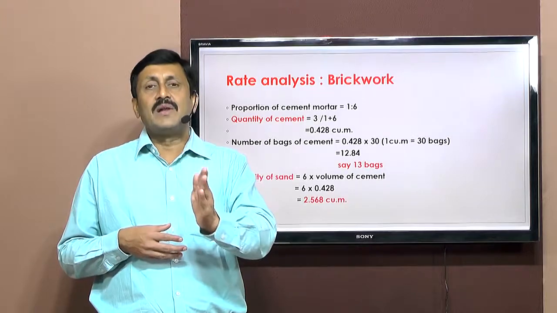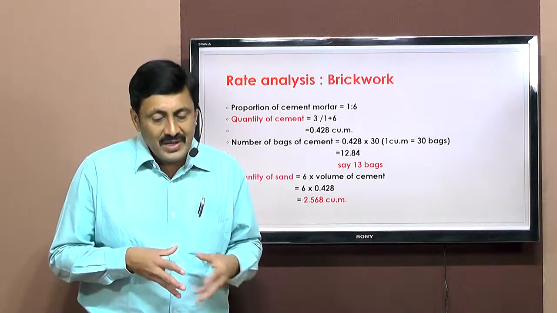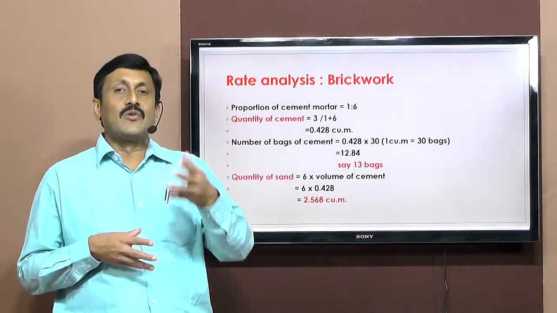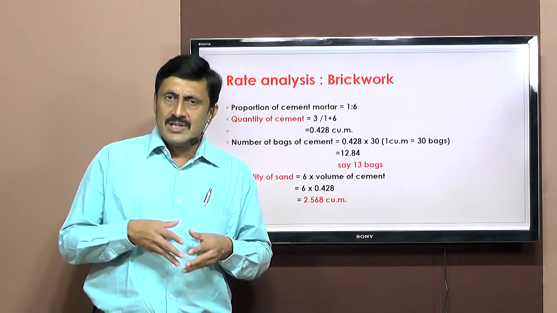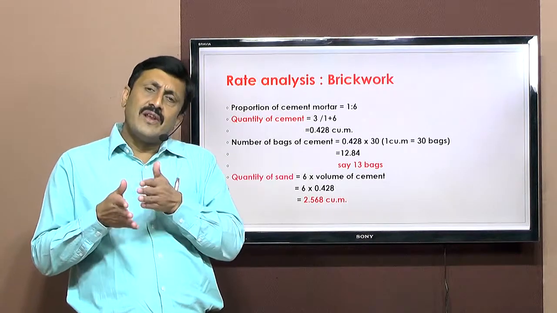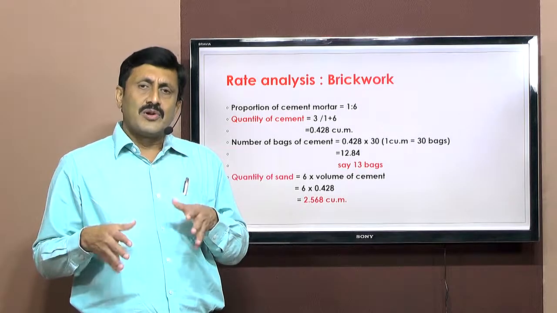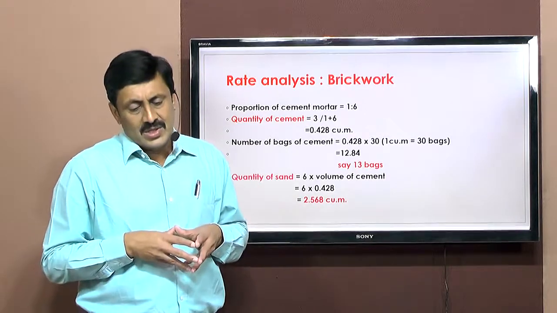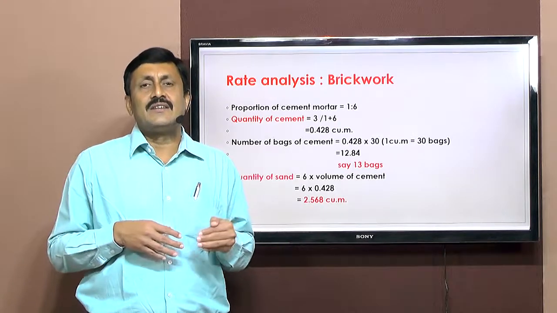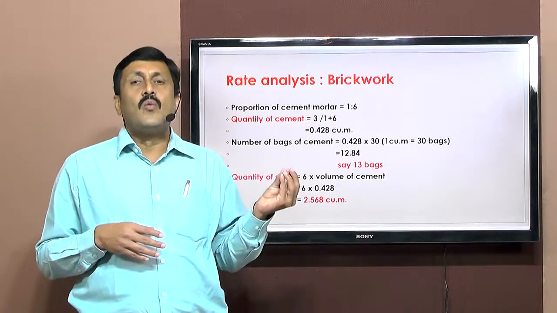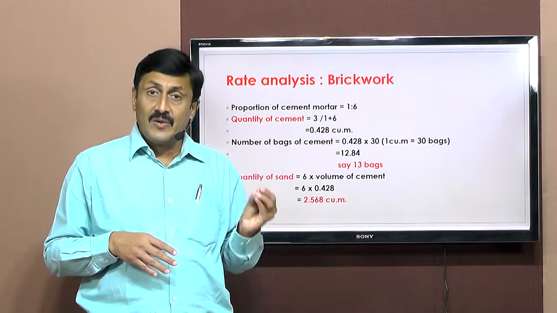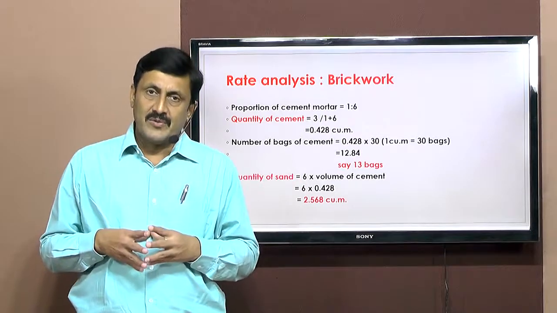So 6 multiplied by 0.428, that will give you 2. You can calculate at your level also. It's always better to cross check or verify these calculations on your side also, because it's very important. You need to know how to calculate. So 2.568 cubic meters will be the volume of sand required for this 10 cubic meter brickwork.